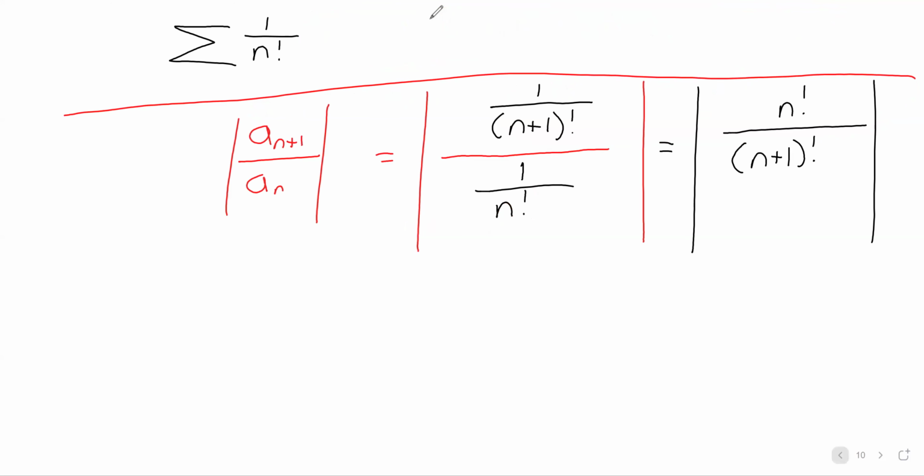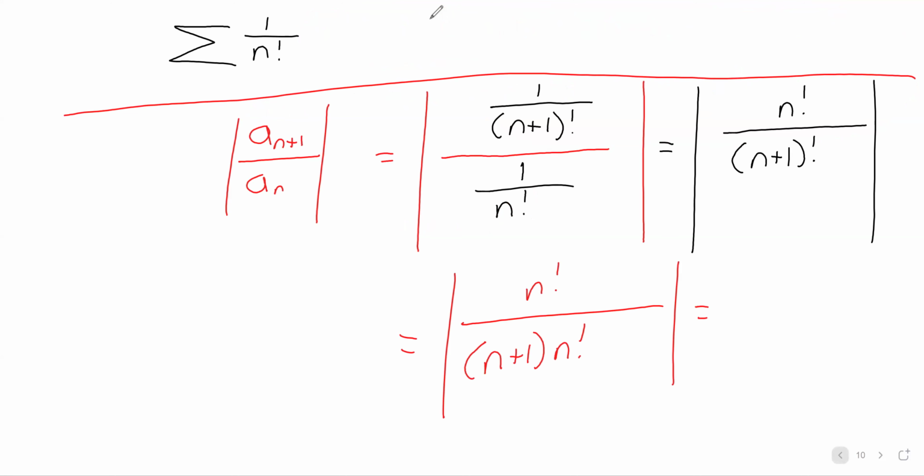So in the fraction, n factorial over n plus 1 times n factorial, the n factorial on the top and the n factorial down below cancel out. n is positive, so n plus 1 is positive, so 1 divided by n plus 1 is positive, and that absolute value isn't doing anything, and we can get rid of it.